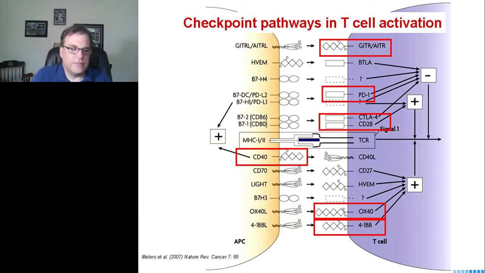There's still much work that needs to be done, specifically looking at the targets that are still being investigated, from a checkpoint standpoint, PD-1 is obviously up there, and even agonist targets such as CD40, OX40, 4-1BB. So there are many complexities to the tumor antigen-presenting cell or tumor T-cell interface that are currently under investigation.